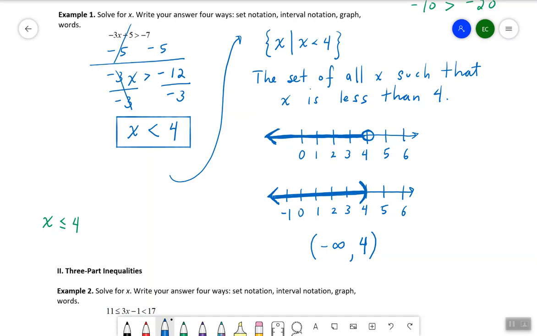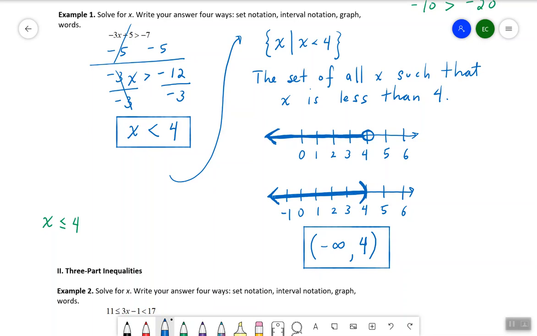It's at the end of a number line that really has no end, that goes on forever. So we never quite get to -infinity, and so by that logic, we'll just use parentheses every time that we have infinity or negative infinity in our interval.